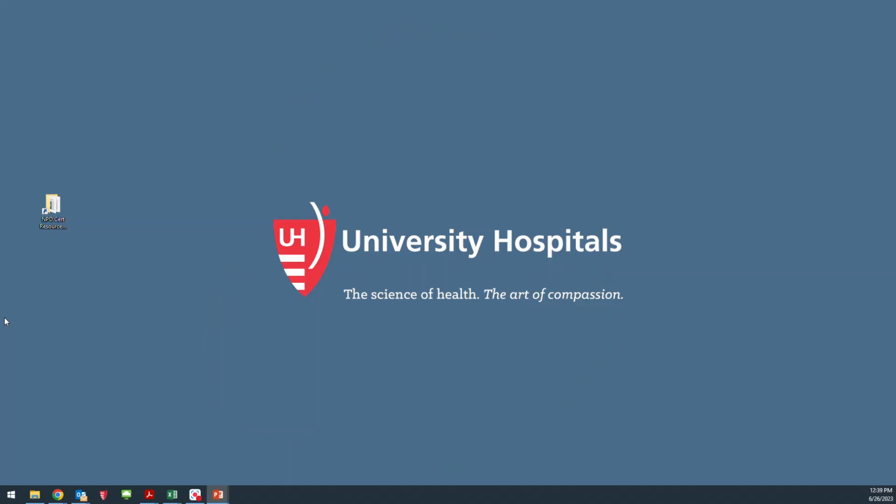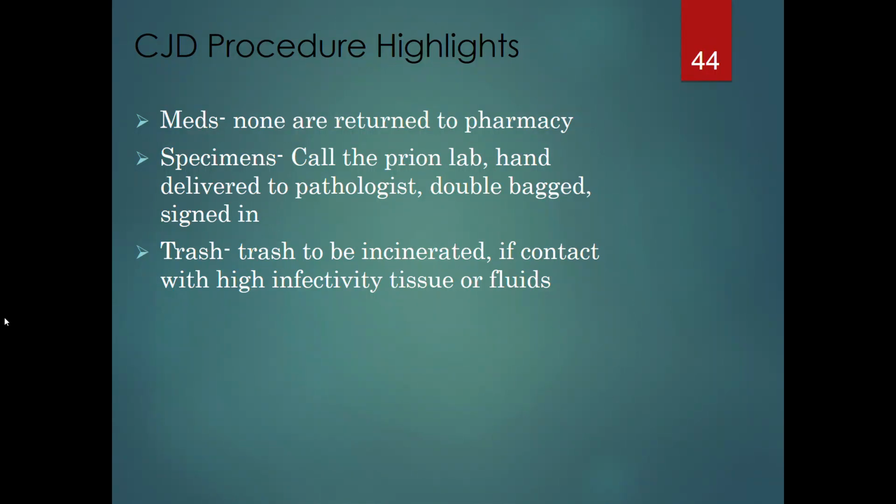Here is a review slide of some of the items for CJD. Medications should not be returned to pharmacy unless removed prior to the patient entering the OR. Specimens should be double-bagged and hand-delivered to the pathologist while following proper protocol.